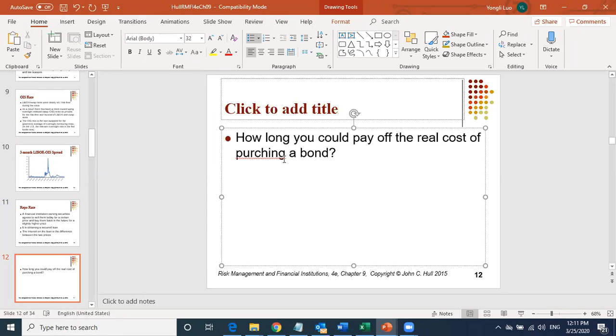How long you could pay off the real cost of purchasing a bond, that's the duration.